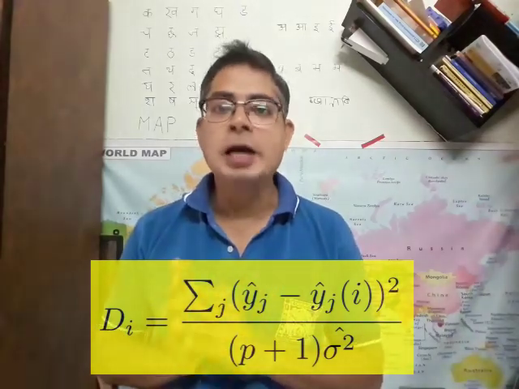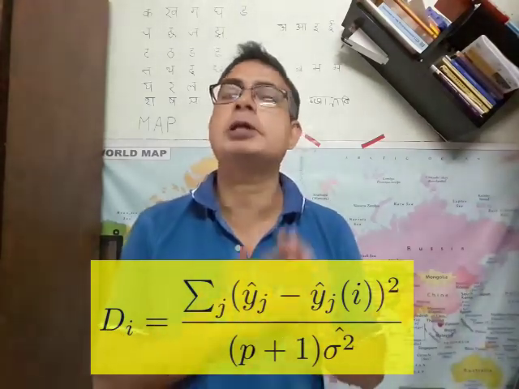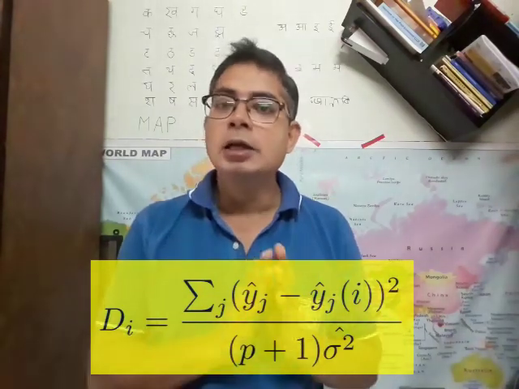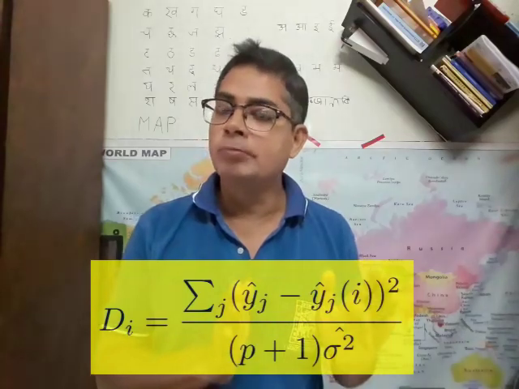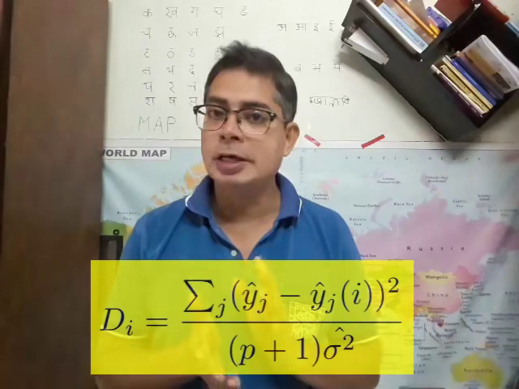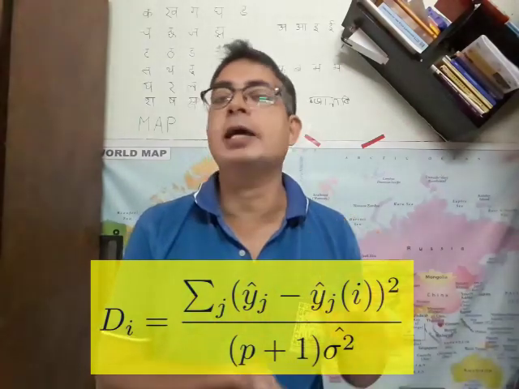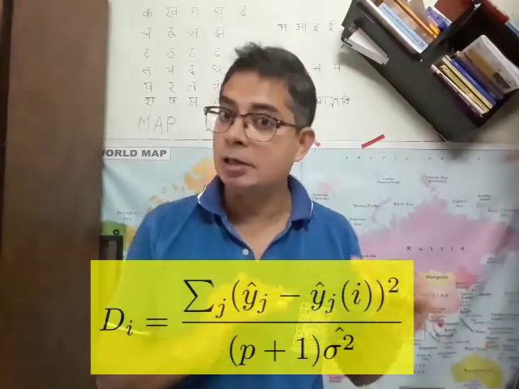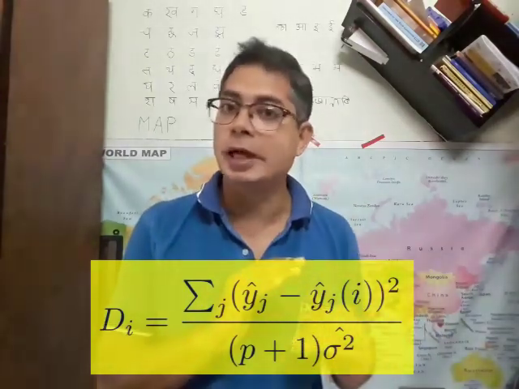Now you drop that ith case and again you try to predict all the things, that is your y_j hat (i). You take the L2 norm between them. So you take the entire y hat based on the entire data and also the entire y hat without using the ith case. But you are still predicting everything including the ith case.